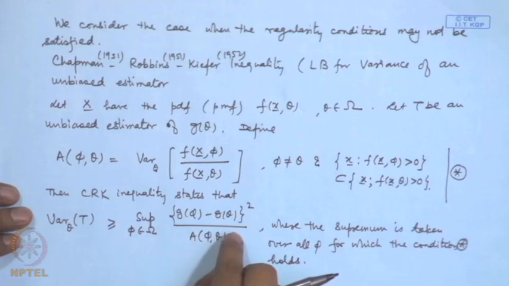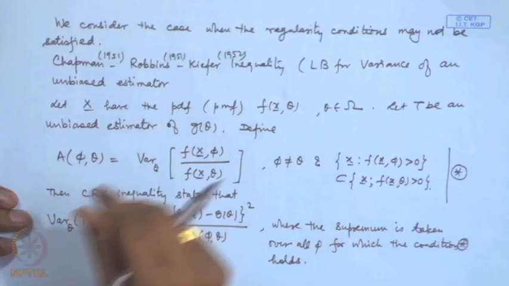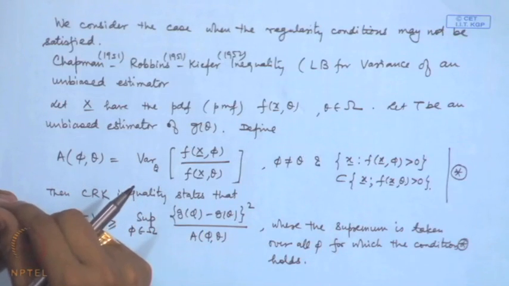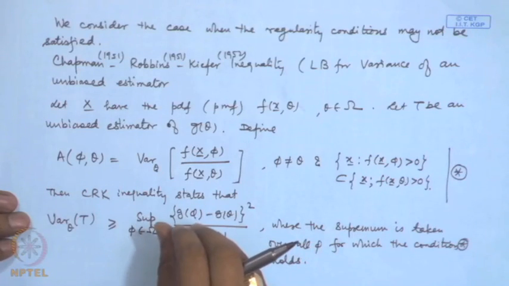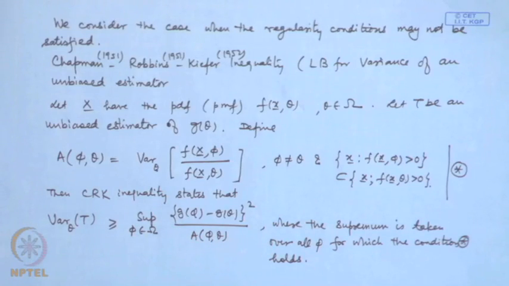Here there is no such condition. The proof of this we will be considering in the following lecture, and you will again see that the proof is dependent upon the variance covariance inequality, or you can say Cauchy-Schwarz inequality, that is the correlation coefficient is less than or equal to 1. So, in the next lecture we will be proving this CRK inequality.